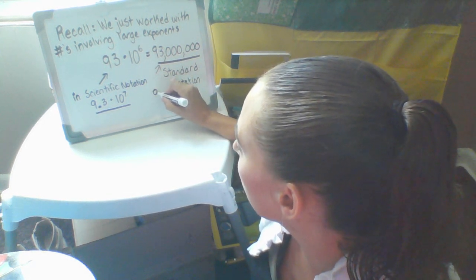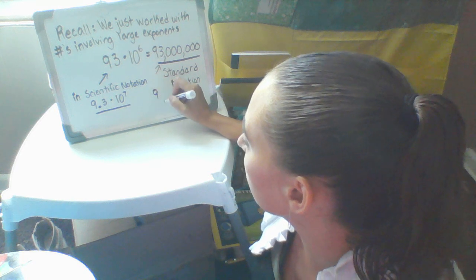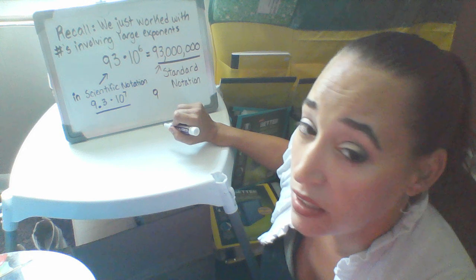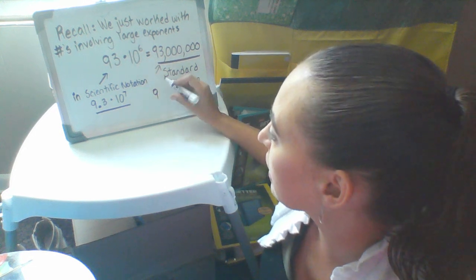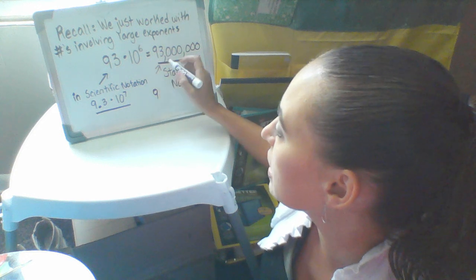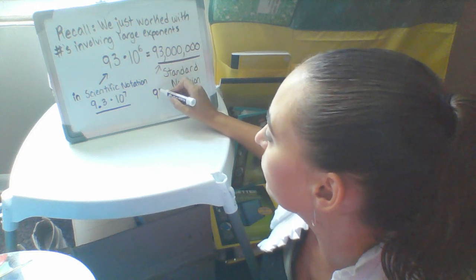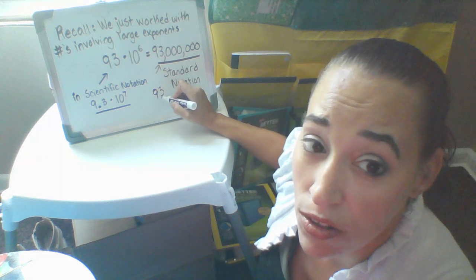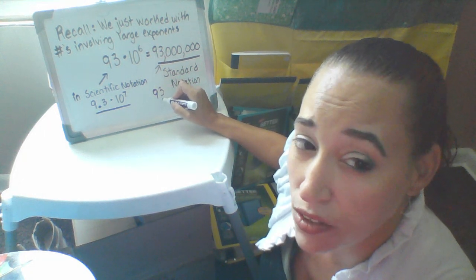You first look at 9. Is 9 greater than 1 and less than 10? Yeah. So I take it out to the next, so 3. Is 93 greater than 1 but less than 10?